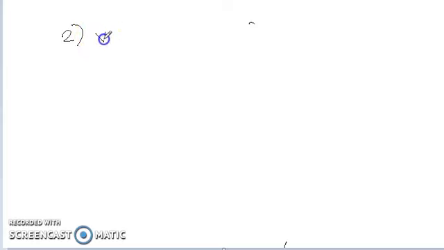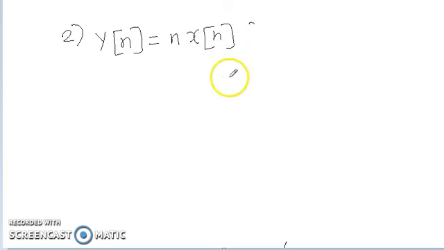Here the equation is y[n], that is the output, equal to n times x[n]. Almost similar. Here also we put n equal to 0 first and get the output equal to 0.